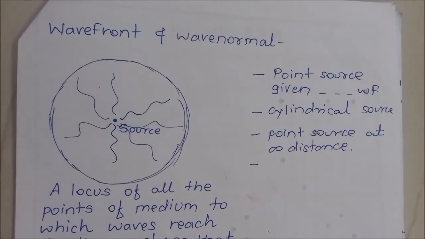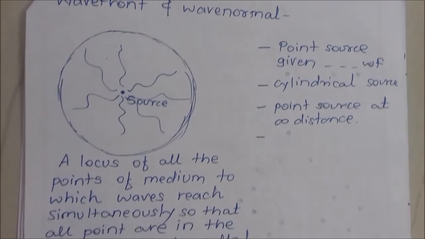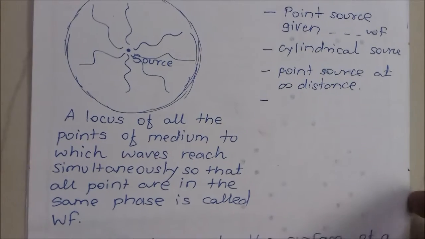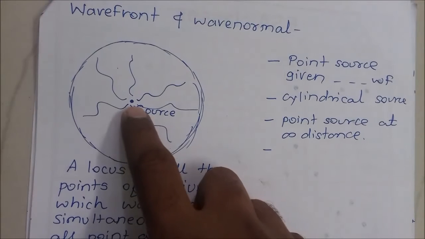Wavefront and wave normal. What is a wavefront? It is the locus of all the points of the medium to which waves reach simultaneously, so that all points are in the same phase. This is the point source of light.